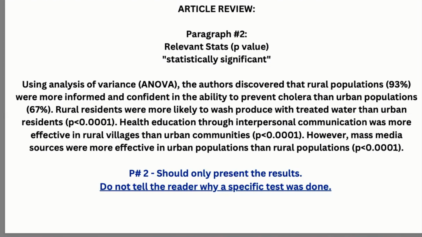That's not to say that you're only picking stats that support your premise, but maybe you should be reviewing peer-reviewed literature to determine if someone else has already determined that your approach won't work. So that's something to keep in mind. So paragraph 2, results only.